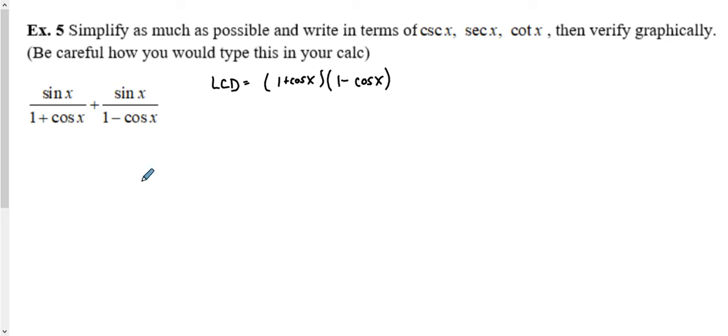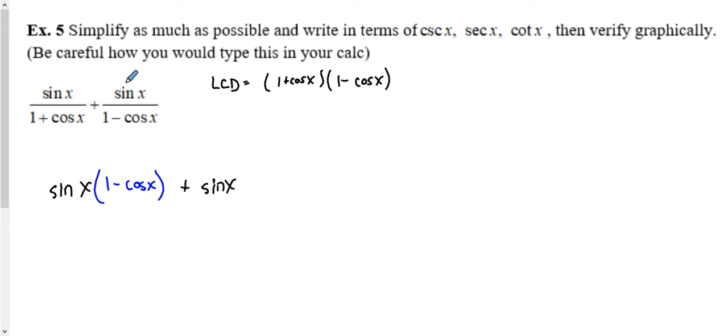If I take both, I can rewrite this expression right away. The trick here is that the sine x on the left is going to be multiplied by the denominator on the right, 1 minus cos x. Then we have that addition sign in the middle, and you add another sine x up top.